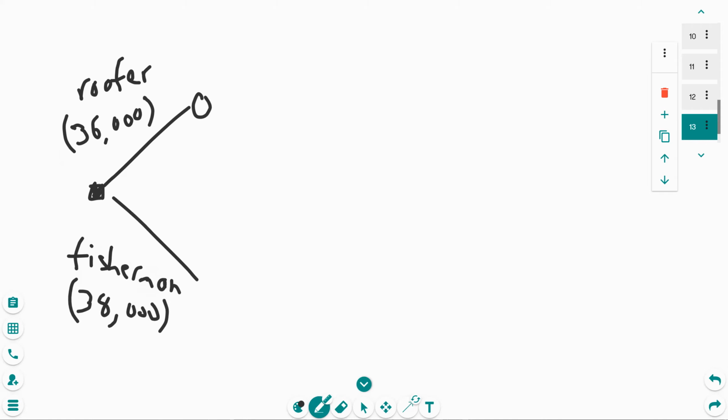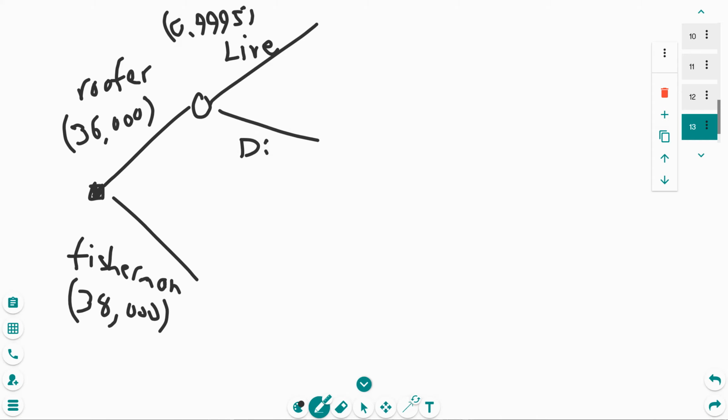The probability of living as a roofer, remember there were 5 deaths per 10,000, so the probability of living is 0.995. The probability of dying is 5 per 10,000, so that's 0.005. There's some payoffs to these two outcomes.